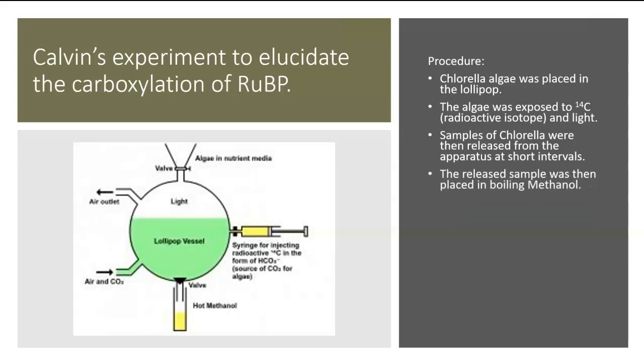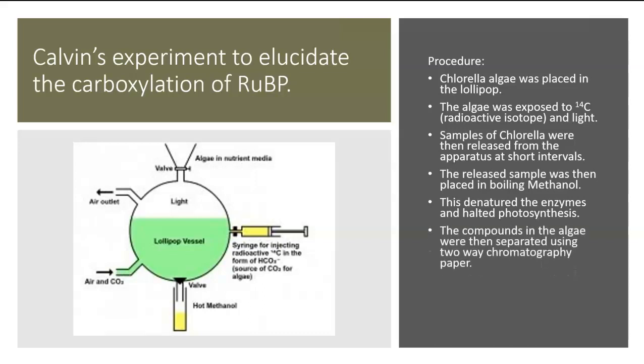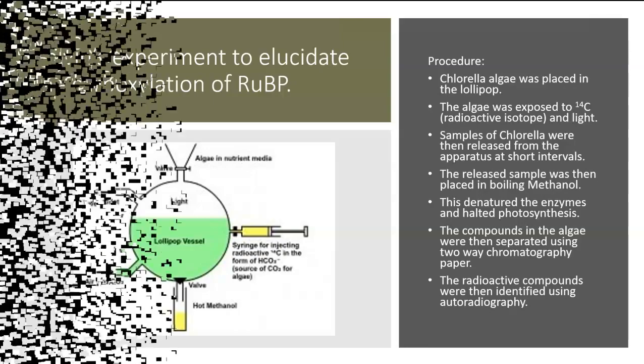The released sample was placed into boiling methanol. This denatured the enzymes and halted photosynthesis. The compounds in the algae were then separated using 2-way chromatography paper. The radioactive compounds were then identified using autoradiography.